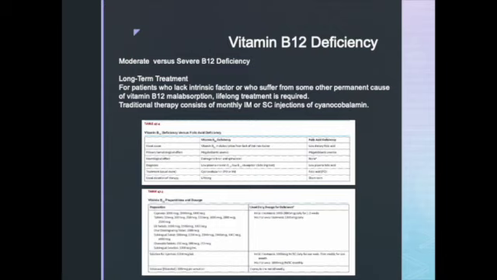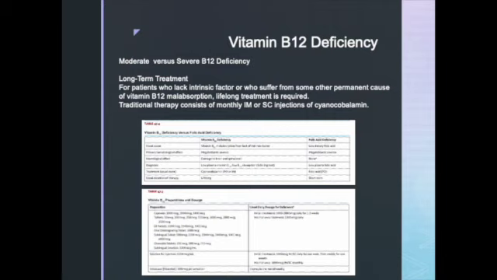Now, for moderate B12 deficiency, the primary manifestation that you're going to see are these megaloblasts in the bone marrow, and we're going to see macrocytes in the peripheral blood. Moderate deficiency doesn't cause leukopenia, doesn't cause thrombocytopenia, or any major neurologic complications. And so we can manage this by just supplementing B12 alone.